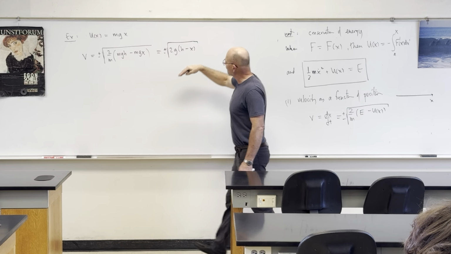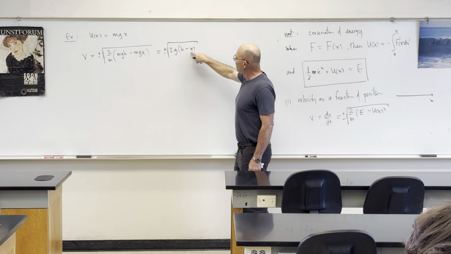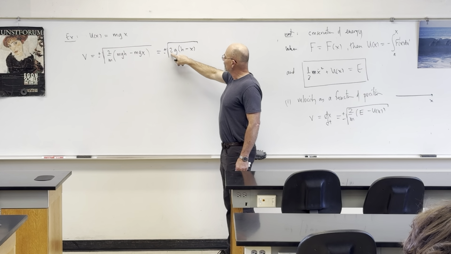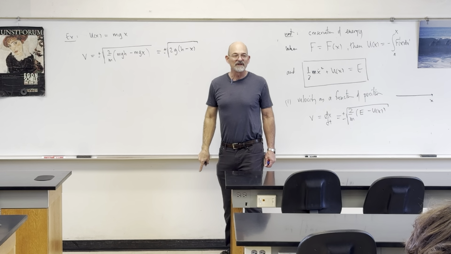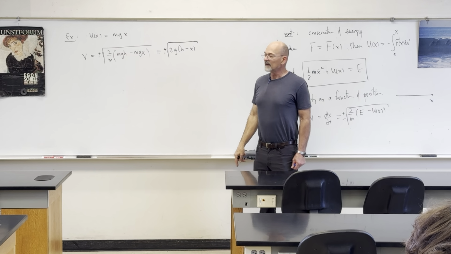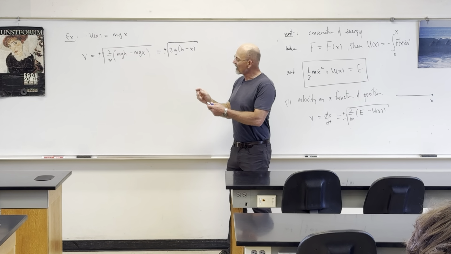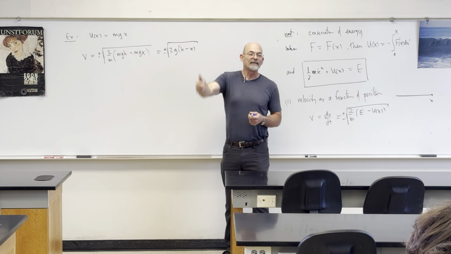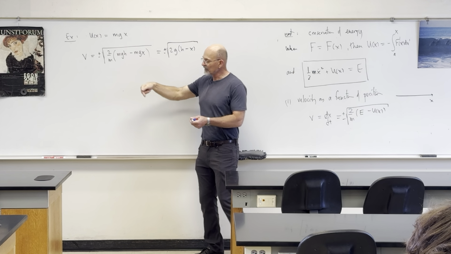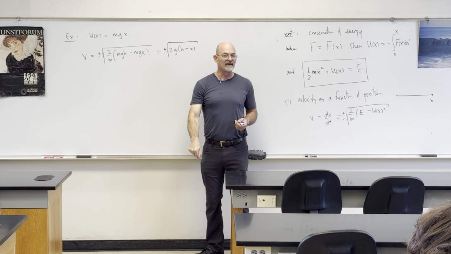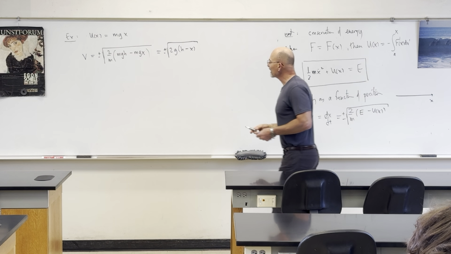And on the other hand, since this is constant, when x is equal to 0, you've got root 2gh. And there's a plus minus: that could either be the speed it has on the way up, and the minus sign would be the speed it has as it's coming down. Okay, so that's a nice example.